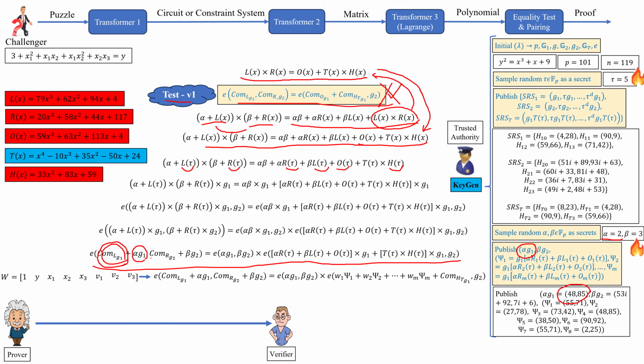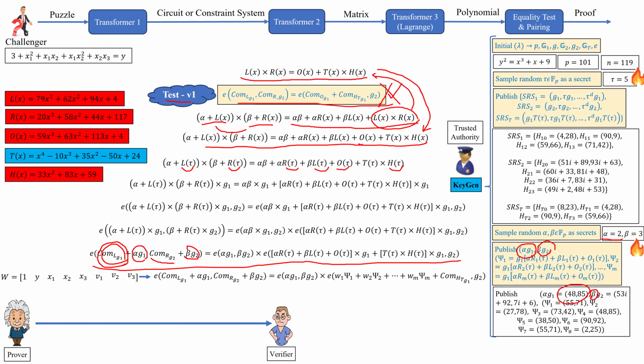Then the commit of polynomial R of x is an element from G2, which the prover computed based on our discussion in the previous lecture, and then added by the value beta G2. The beta G2 is also a public value that is computed by the trusted authority by multiplying beta by the value of G2.